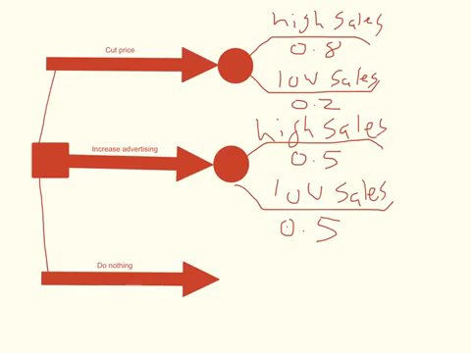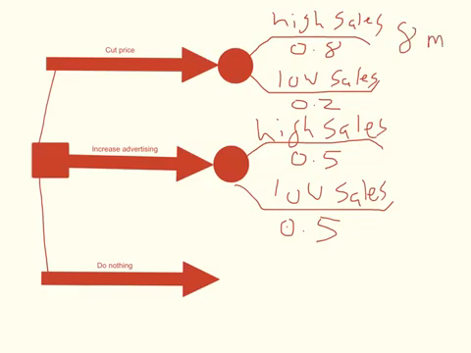So, where we have the probability of high sales and low sales occurring for each one, on a decision tree you will be given the actual figure for what the high sales figure might be and what the low sales figure might be. So for this example, what we will say is that if the price is cut, there's an 80% chance that high sales will occur, which will lead to an increase in revenue of 8 million.